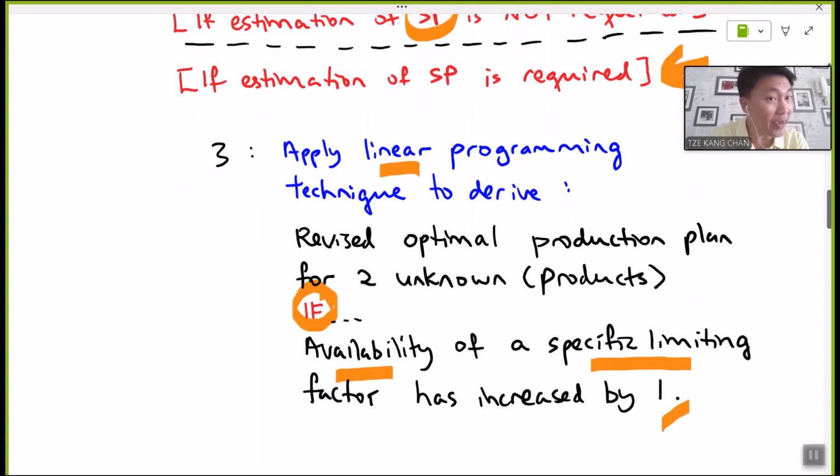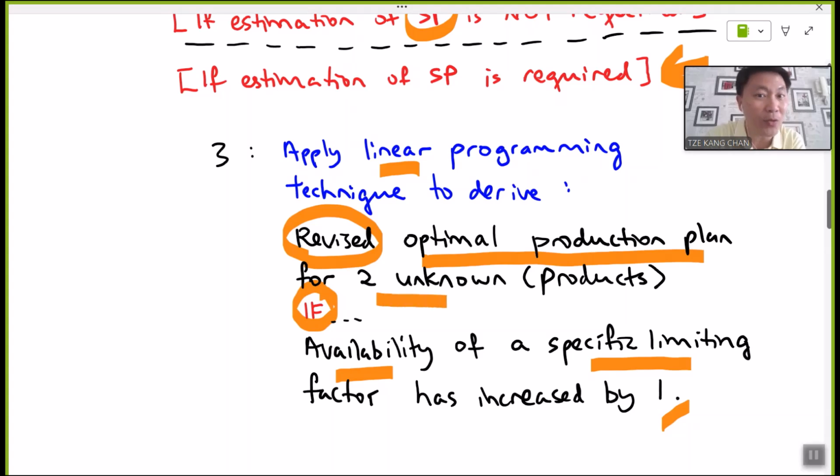With these revised constraints, you will then derive the revised optimal production plan for the two unknowns again. Given the additional supply of the limiting factor, it is likely that the revised optimal production plan will be larger or higher than the earlier results.